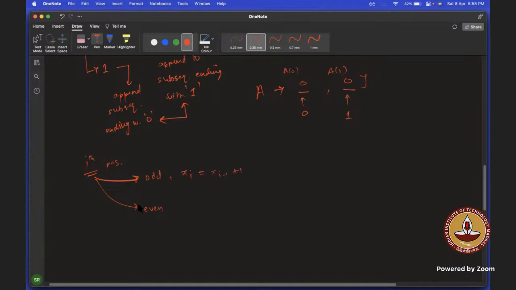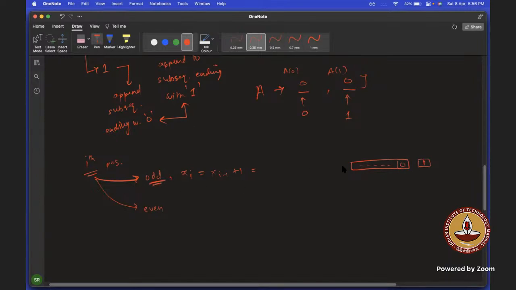And now if i is odd, this means that we need to consider all those subsequences that were earlier ending with 0, and then we need to append 1 to it.